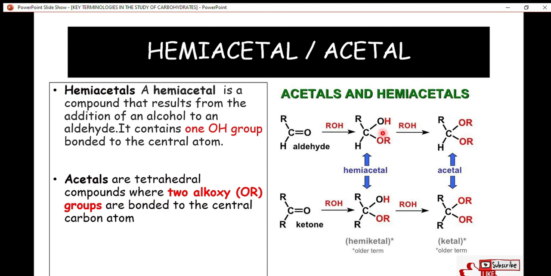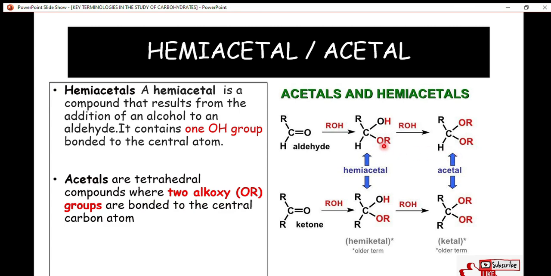This can also be converted to an acetal by adding another ROH. When we add this ROH, we are converting this hemiacetal to an acetal.